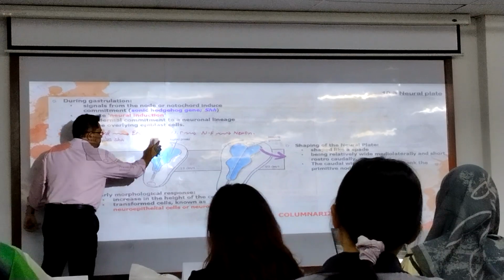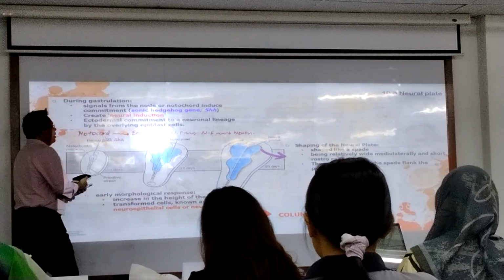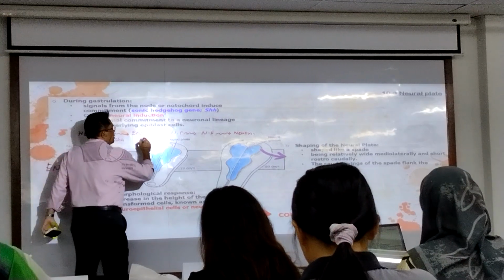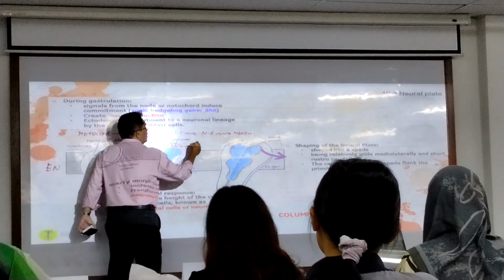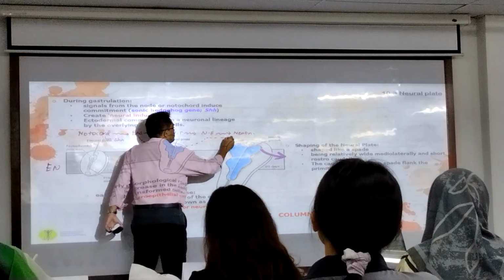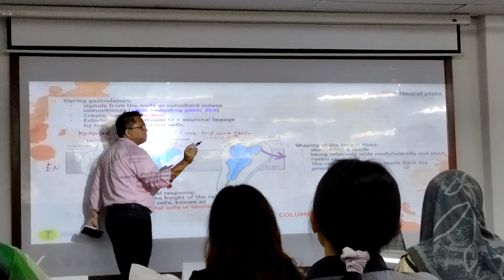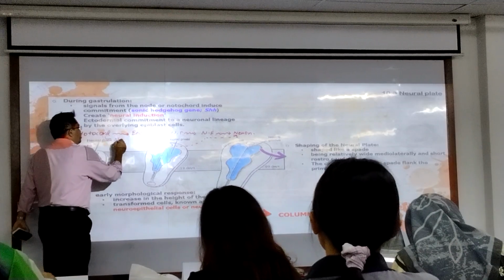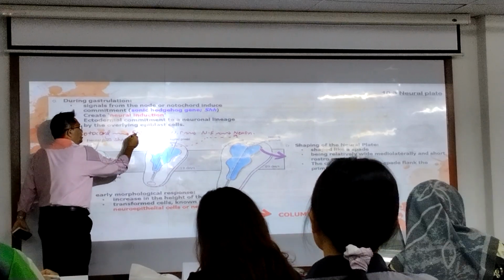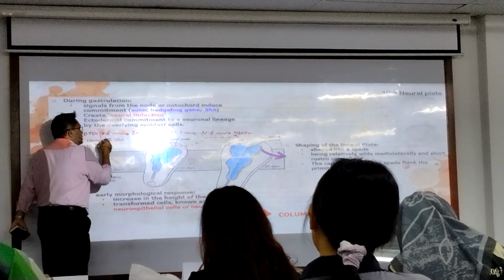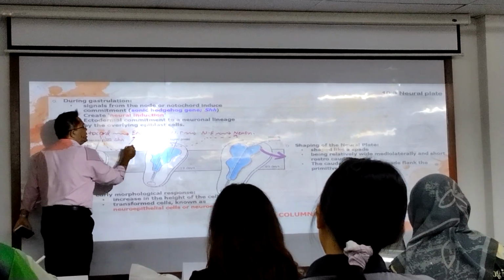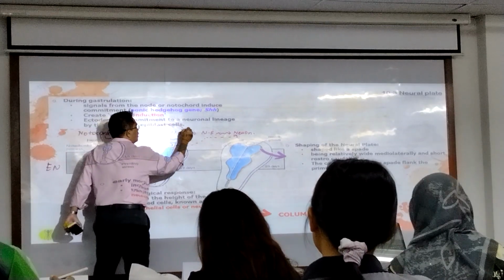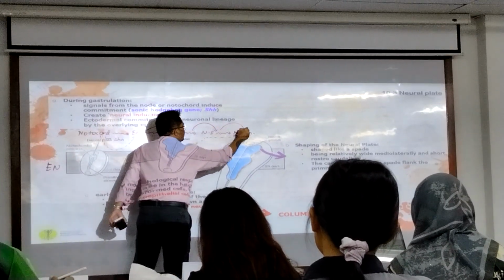Actually, by default, the ectoderm will become the neuron. Okay, by default. What happens is that the notochord sends a signal to the ectodermal neuron so that it will go through the process here.